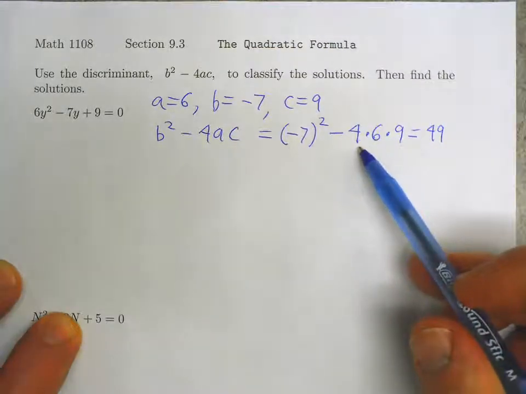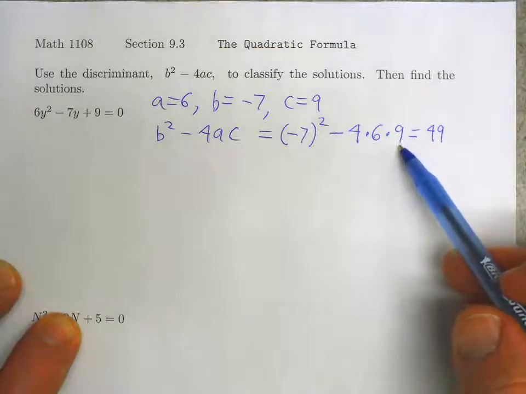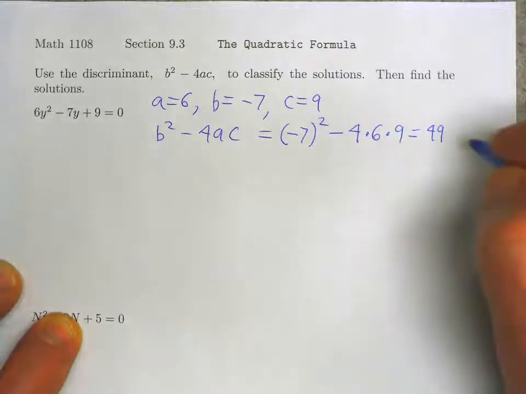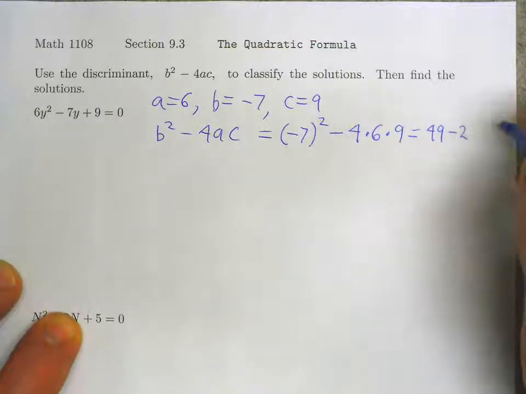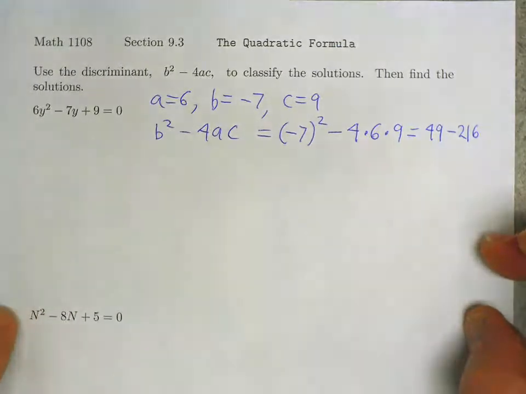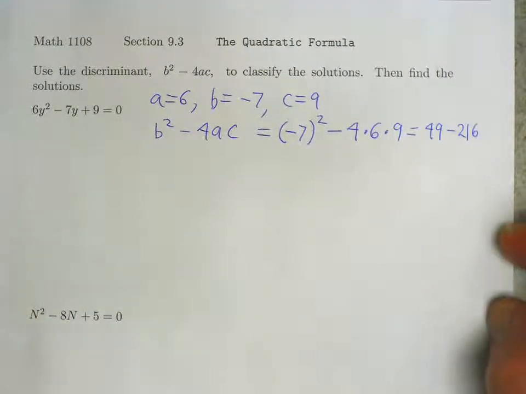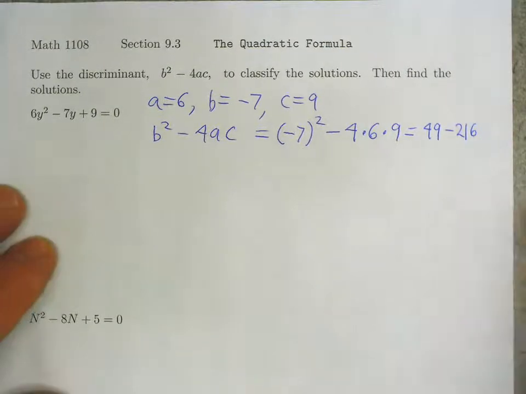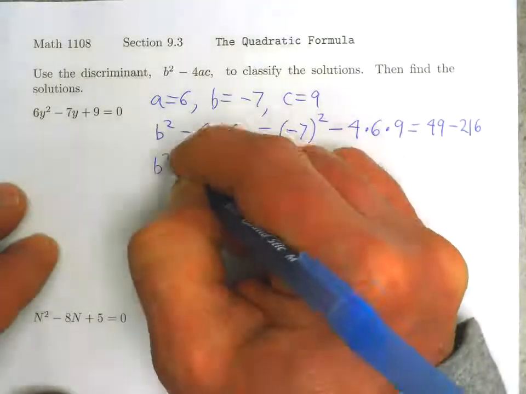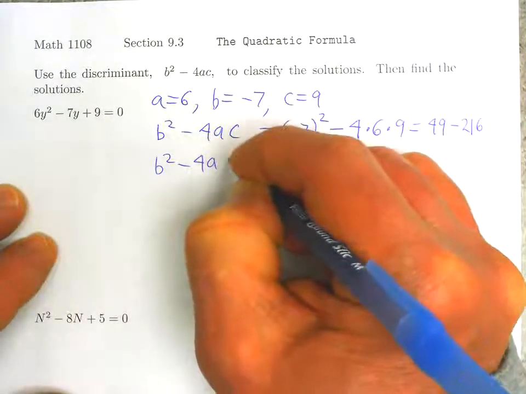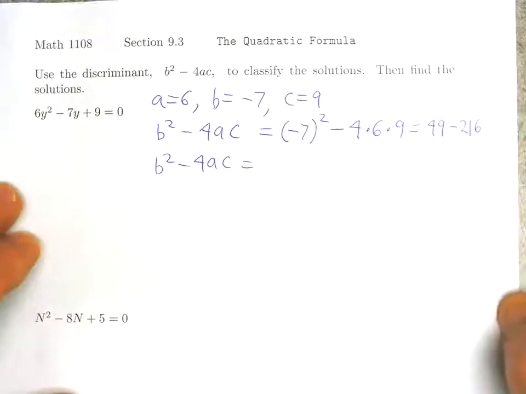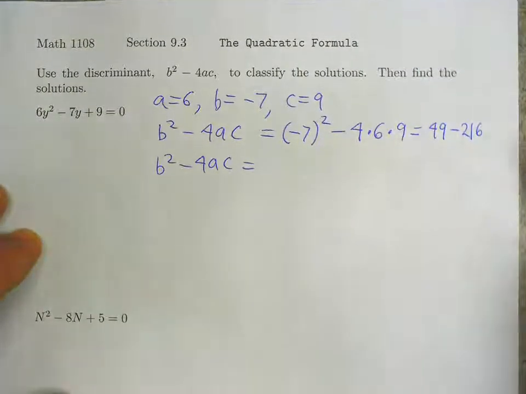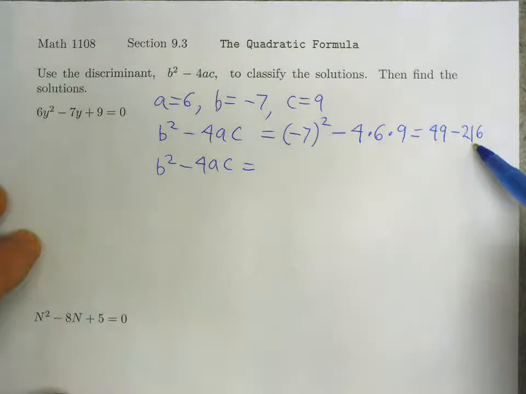And then we're subtracting 4 times 6 times 9. So let's see, that's minus 216. Well, 49 minus 216 is clearly negative. So let's do a little bit more arithmetic. So that's negative 167.